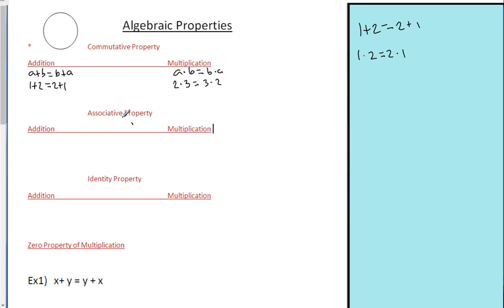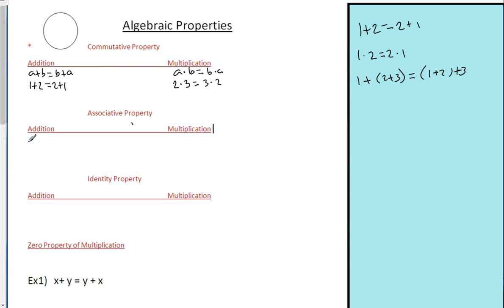The associative property of addition. If I had 1 plus 2 plus 3, it's the same as 1 plus 2 plus 3, with the parentheses grouped differently. That's the associative property. What I'm saying is I can add 3 or more things in any order.